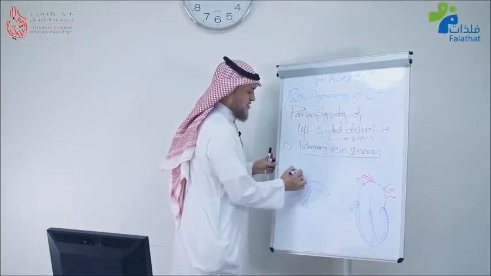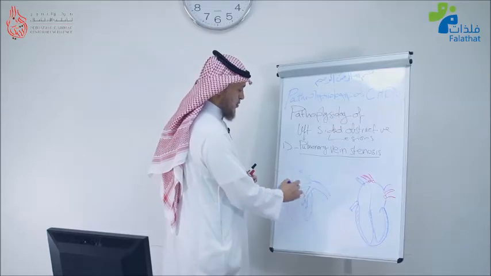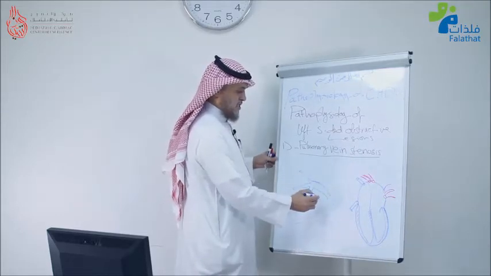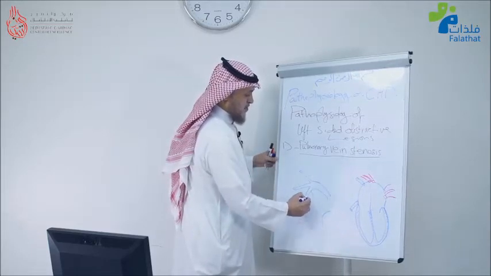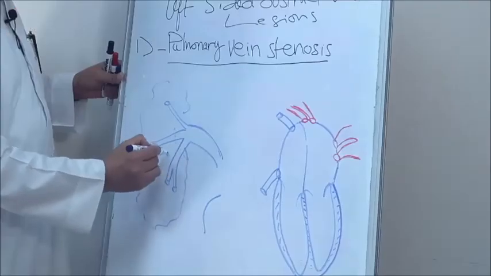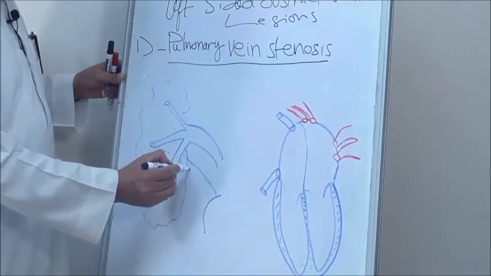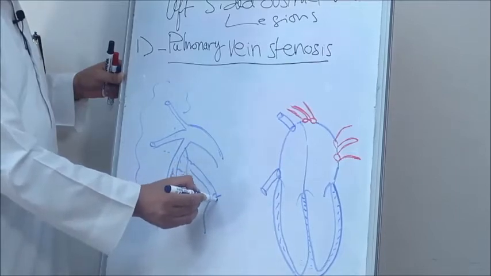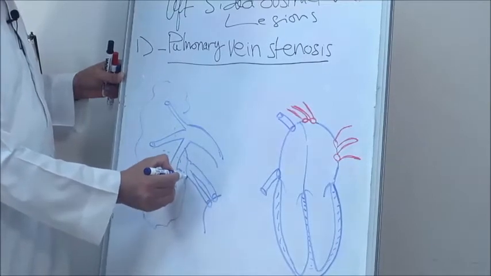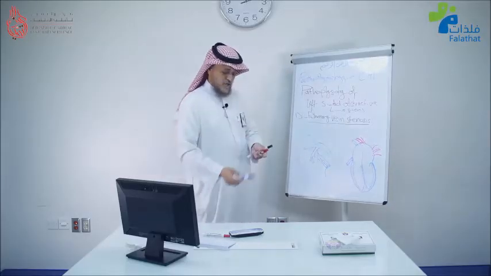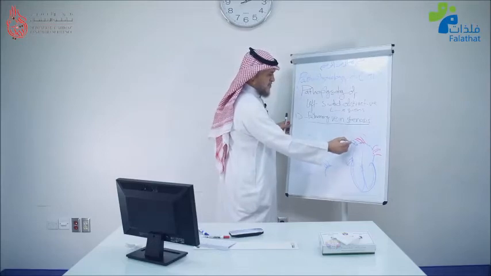So if this right lung is obstructed, its venous return, which are these two veins, coming from within, forming into the vein, and the other vein, going to the left atrium.